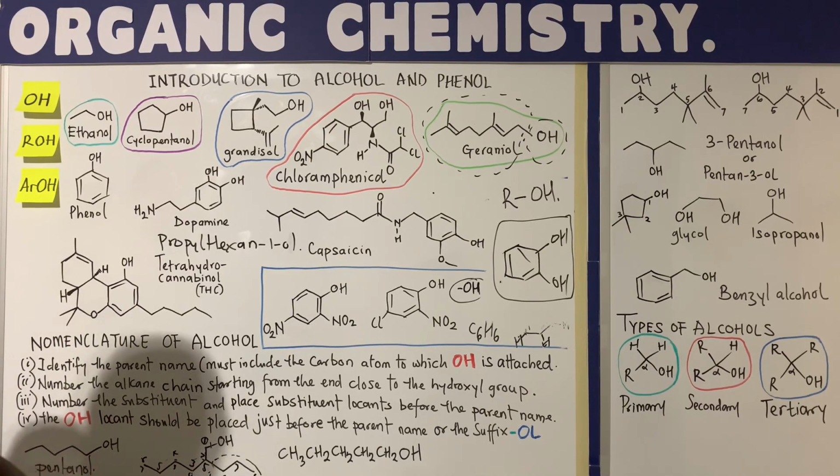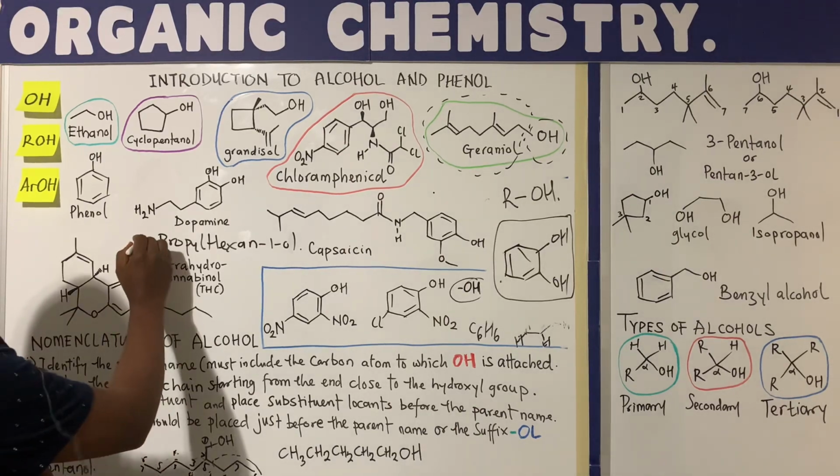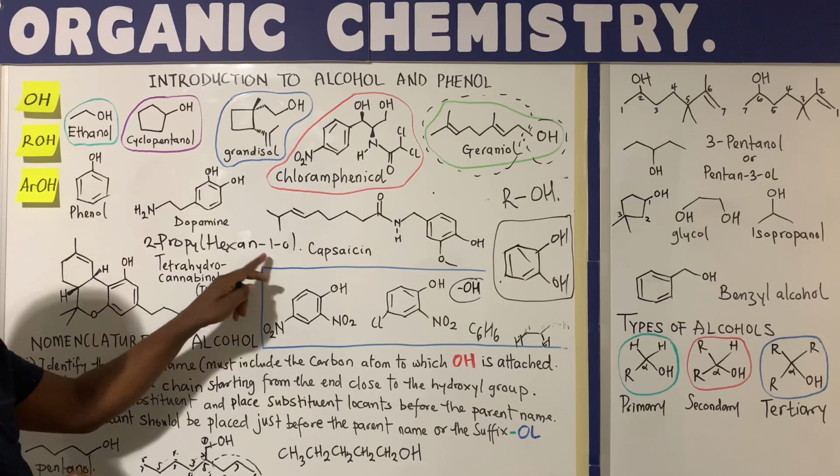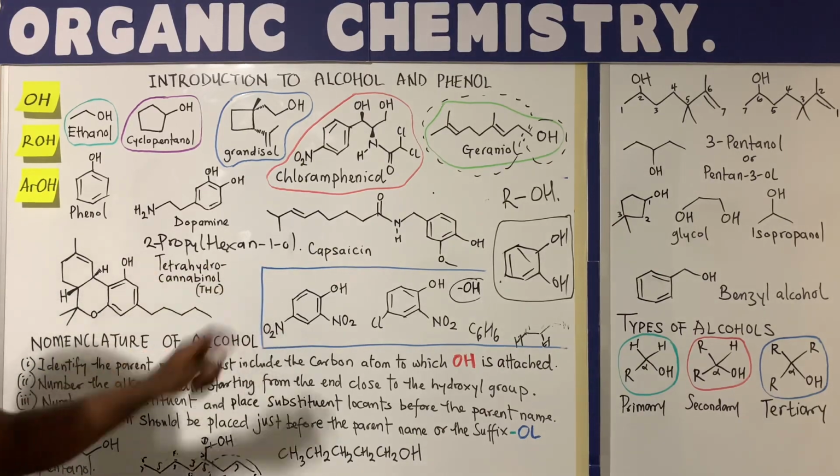It's easy. We just take a look at the numbering. We started from here: 1, 2, 3, 4, 5, 6. So this second carbon is the one bearing the propyl substituent, and so it becomes 2-propyl hexane 1-ol.